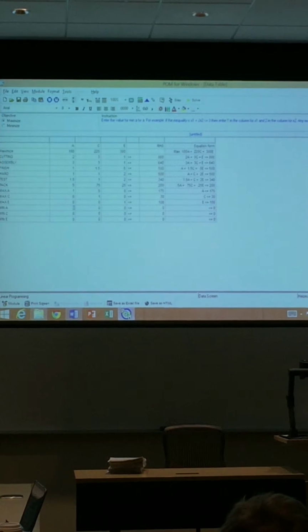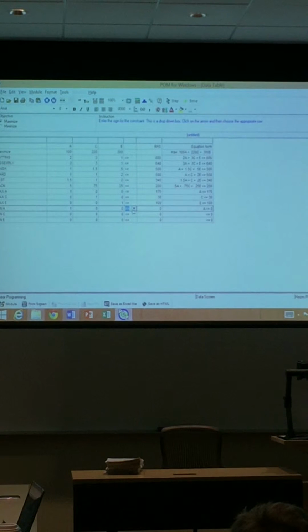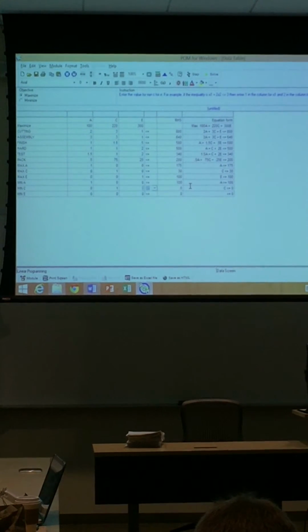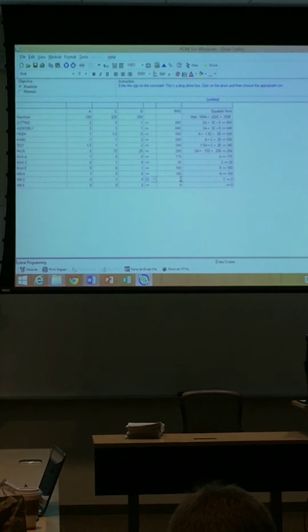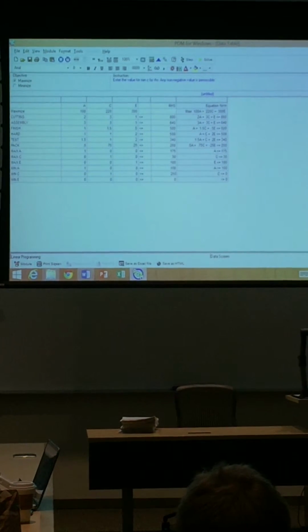Let's talk about the minimum that we have to produce of each of these. 1 times A, now we can toggle this and make it into a greater than or equal to constraint. So A has to be at least 100. Oops, not 100. Then C has to be at least 25. And E has to be at least 7.